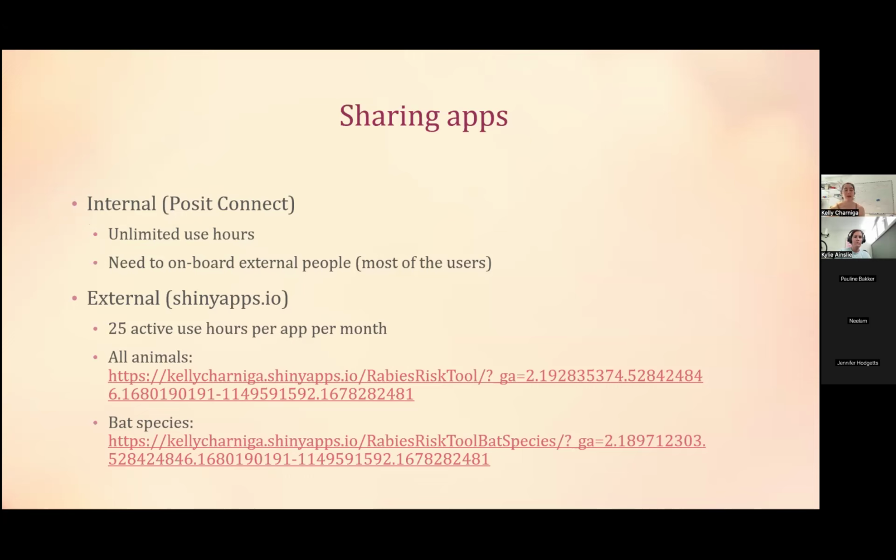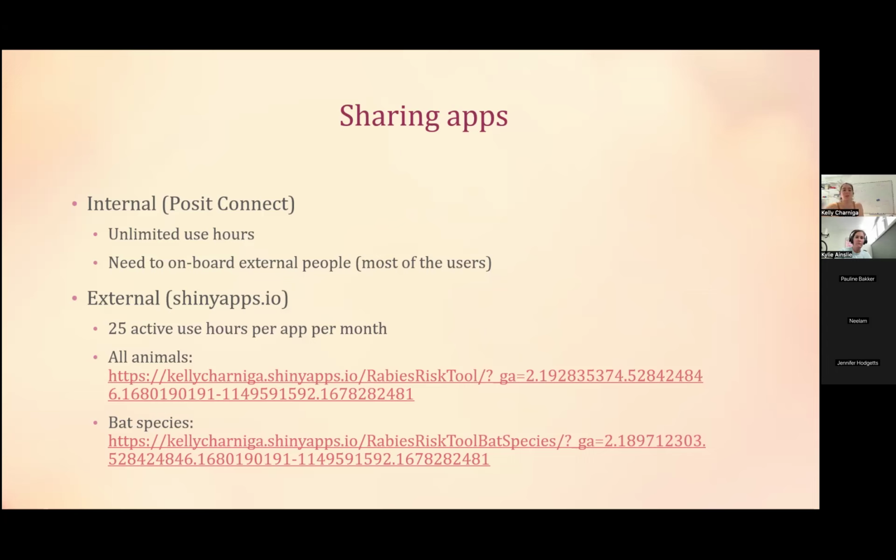Okay, so in terms of sharing, there are three ways to share a Shiny app. One, which I didn't put here, is building your own server or something. That sounded too hard, so I went with the other two options. CDC has an internal Posit Connect thing where you can have apps hosted internally, which has unlimited use hours, which is great, but then you need to onboard external people, which is going to be most of the users, so people from all the different states.